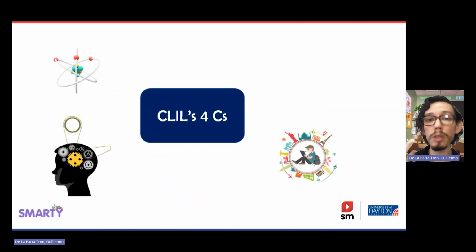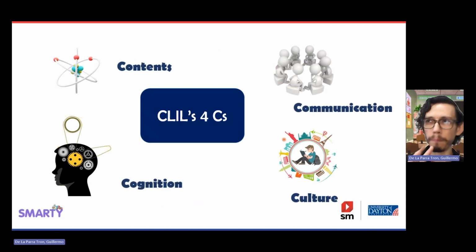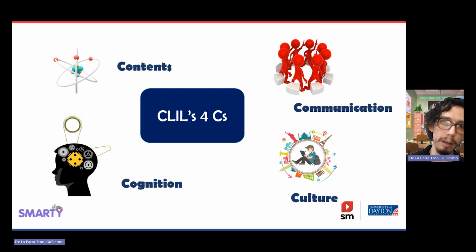This means that we are going to use the four C's of CLIL. The four C's of CLIL are the four main pillars of the CLIL methodology, and they include the content, the communication, the culture, and the cognition.